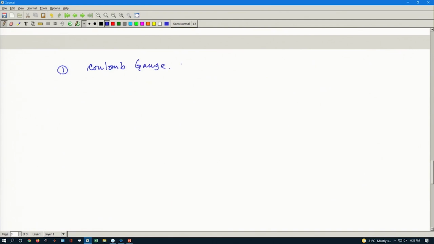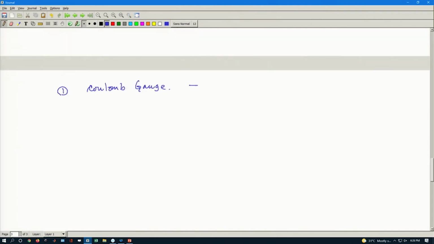And this Coulomb gauge is suggesting that we put a constraint. The constraint is that I should take my A in such a way that the divergence of A should be 0.